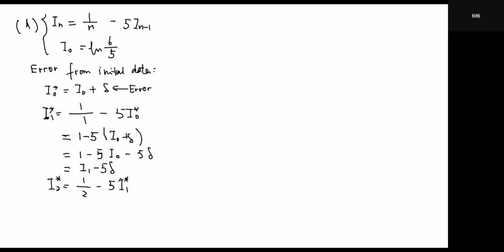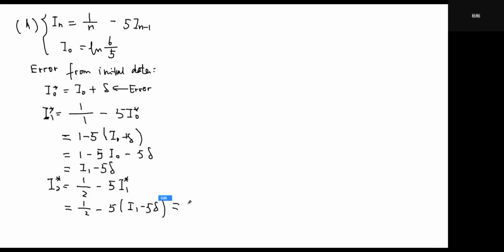Remember here we use its approximation, not the exact one. So you substitute I_1 star by its approximation, I_1 minus 5 times delta.